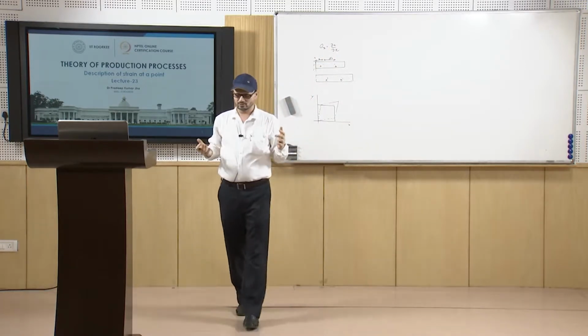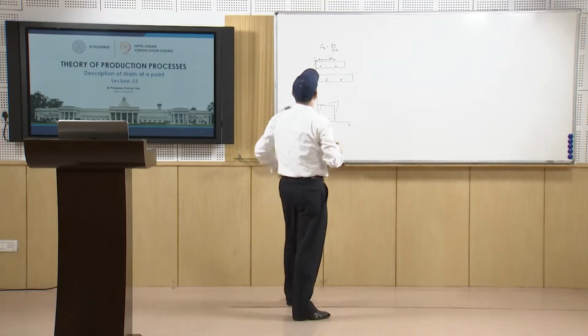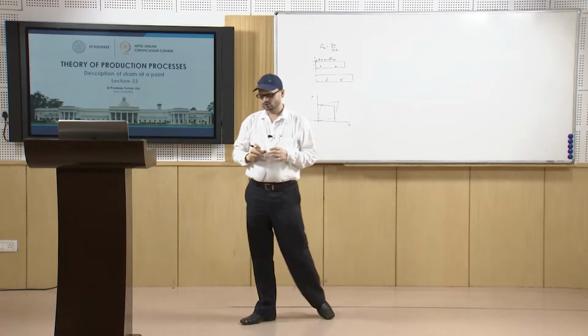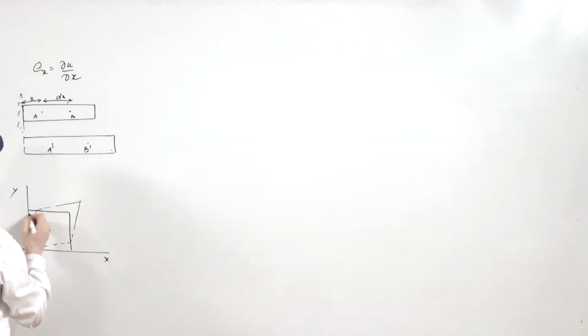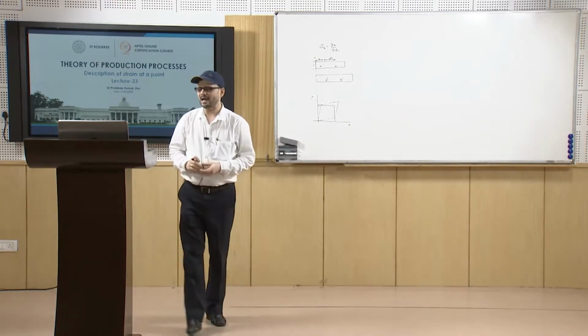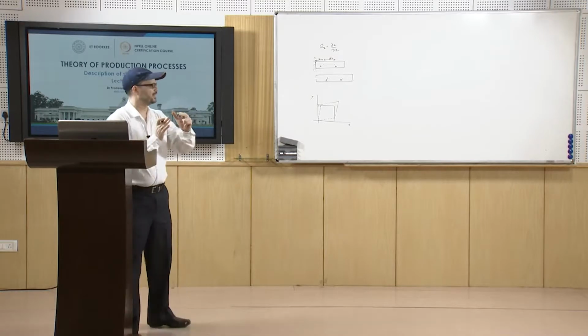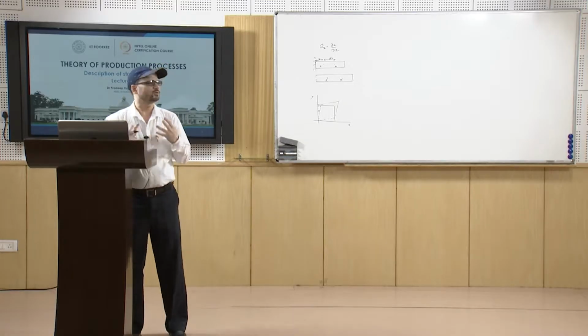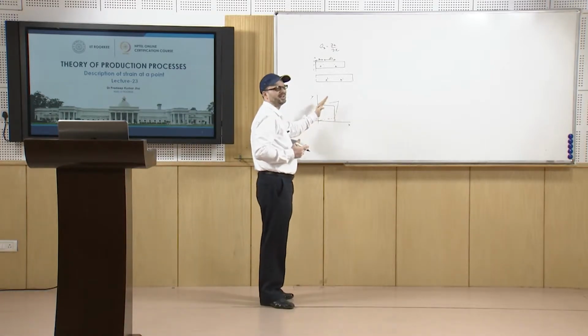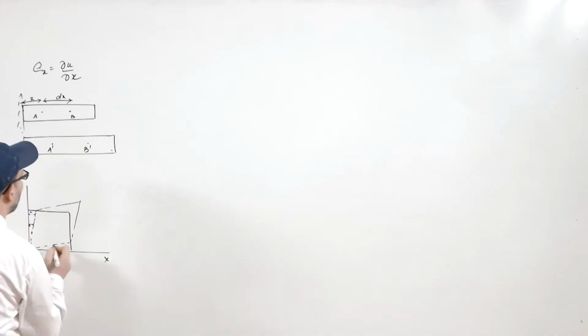So you have the strain component, suppose Exy or Eyx, and in this case you get Exy and Eyx as the same.